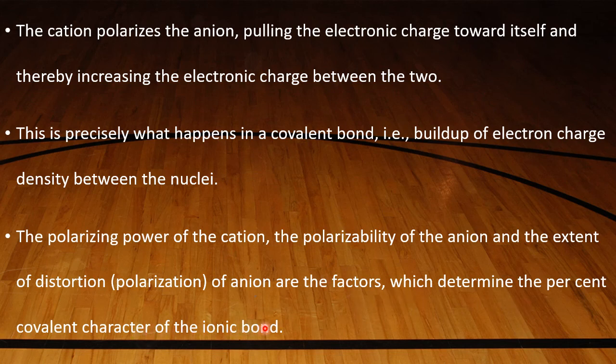So in an ionic bond, how much percentage of covalent character is there? That depends on three factors: the polarizing power of the cation, the polarizability of the anion, and the extent of distortion or disturbance due to the polarization. These three factors decide how much covalent character develops in the ionic bond. This is all known as Fajans' rules.